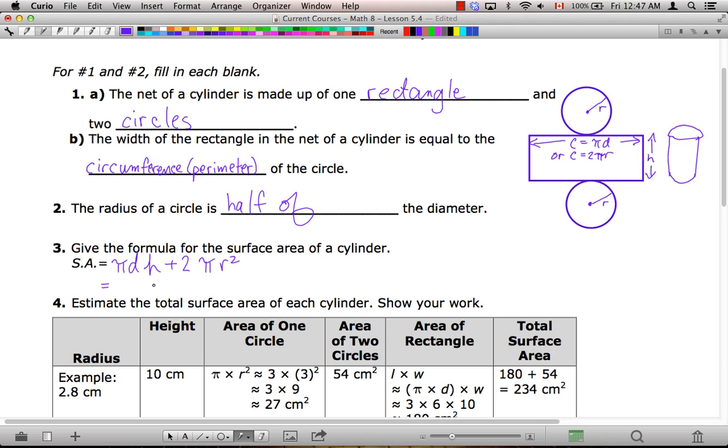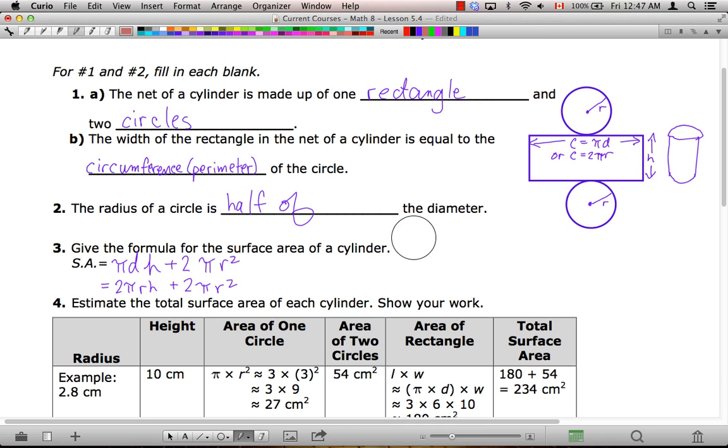So if you want to do it the other way, you can do 2 times pi times the radius times height plus 2 pi r squared. So let me just do a little bit of color coordinating here so you know where things are coming from.